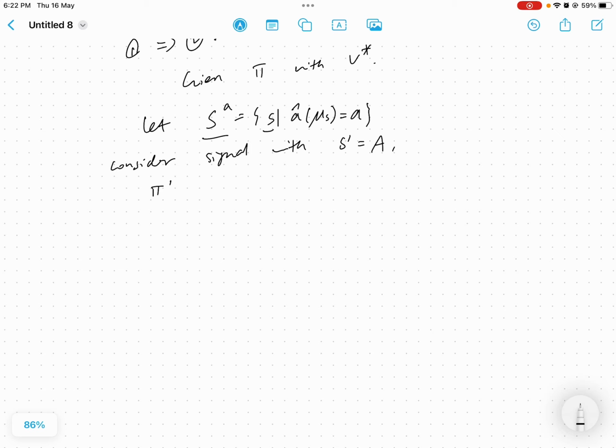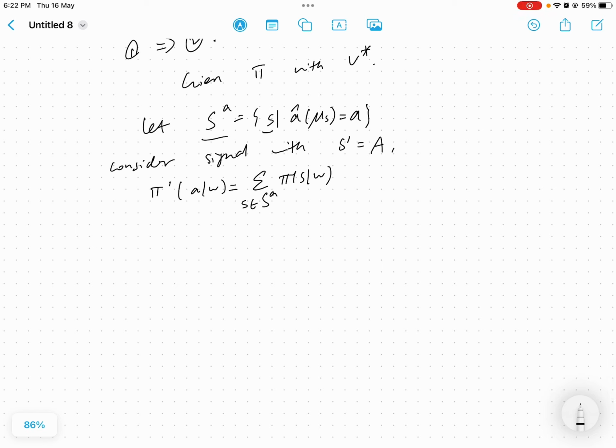The pi prime, this new signal, is simply the sum of this pi over all of those s that are in the set SA, okay? So we initially define this set SA, then we add all those pi up over the s, which is an element from the SA.